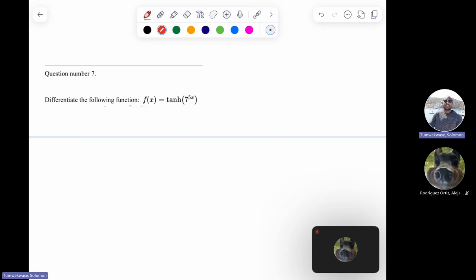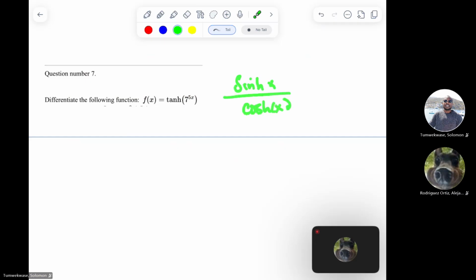So we have the tangent hyperbolic. This is where it is really, really important, because tangent hyperbolic, well, I know that it is sine hyperbolic over cosine hyperbolic, right? Now, this guy in terms of the exponential, I know what it is.